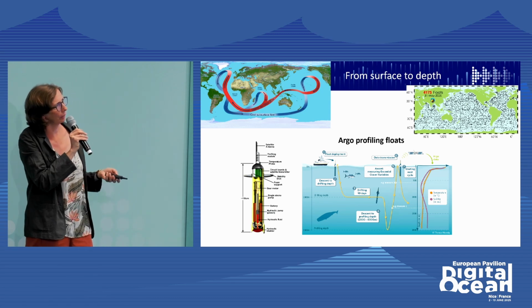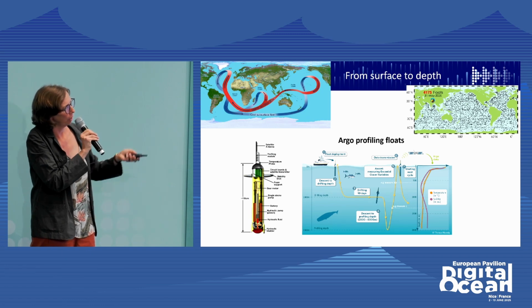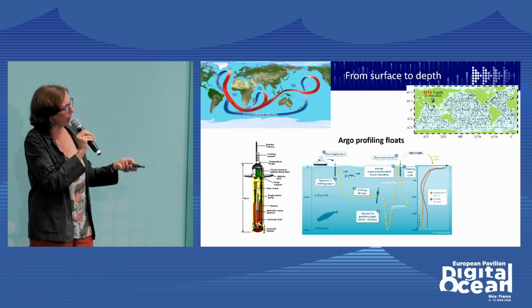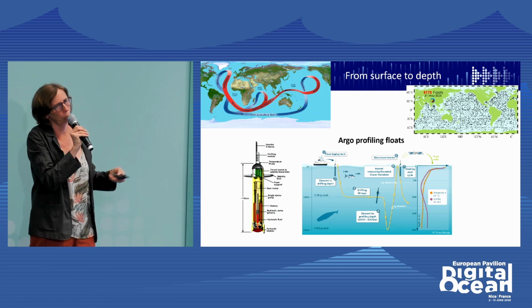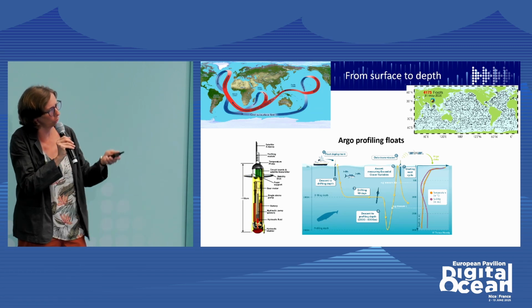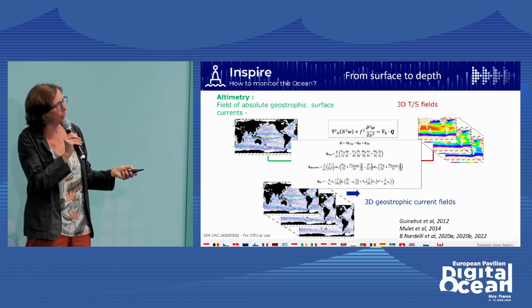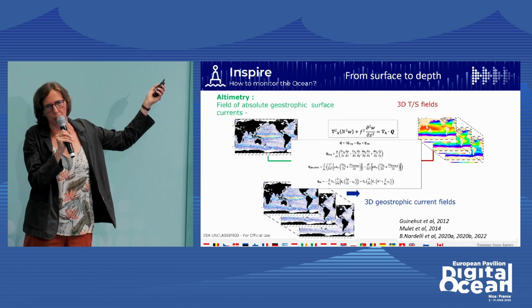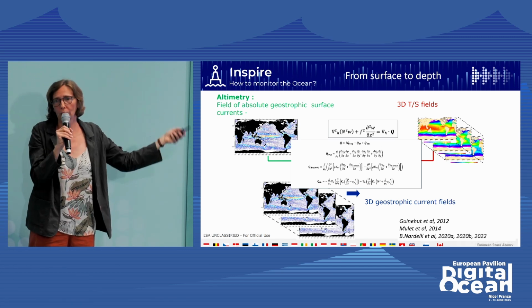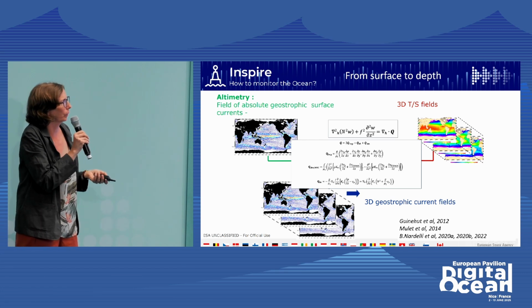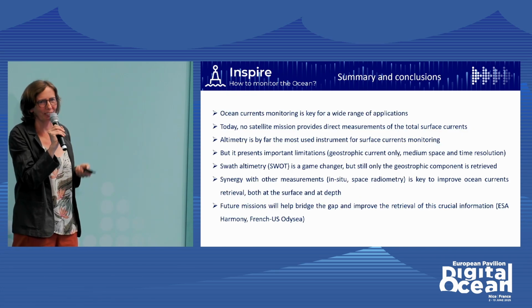So we rely on another very important observing system, which are the Argo profiling floats, which drift in the ocean and dive at depth and measure temperature and salinity profiles, which are then transmitted to satellite. And from this information, temperature and salinity at depth, combined with altimetry at the surface, using complex equations, we are able to reconstruct the 3D geostrophic current fields.